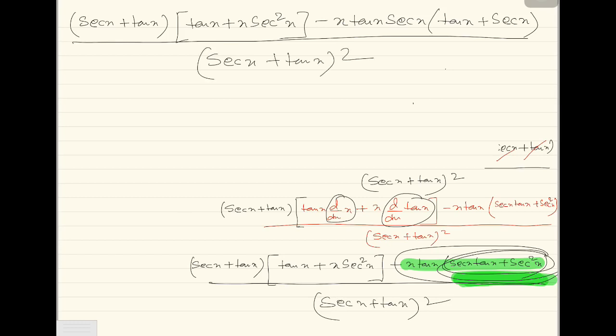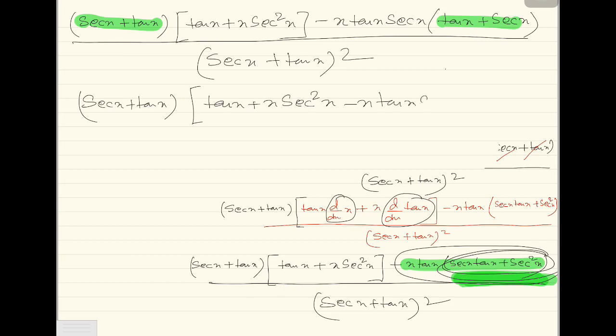Okay, now if you see, sec x plus tan x is here, sec x plus tan x is here as well. So can I take them common? So sec x plus tan x common, and left with the big bracket: tan x plus x sec square x minus x tan x sec x. So divided by (sec x plus tan x) whole square.